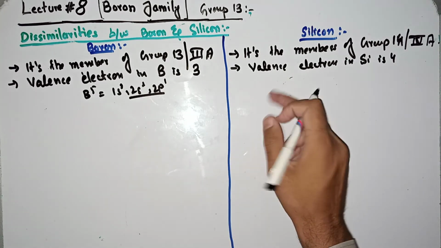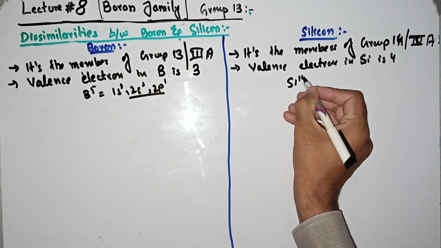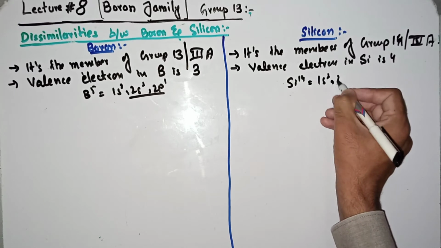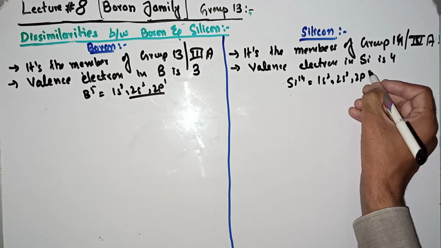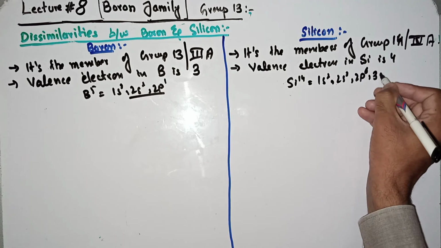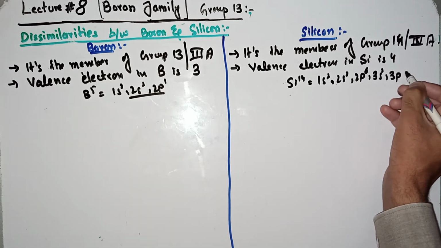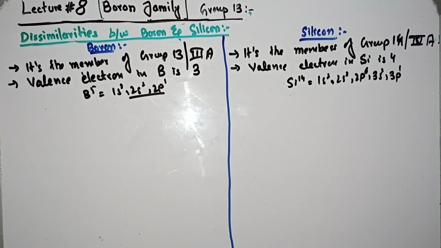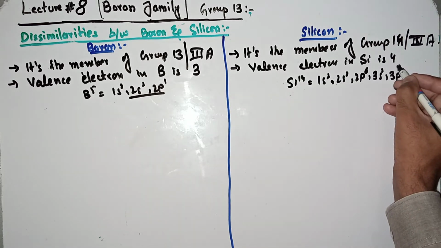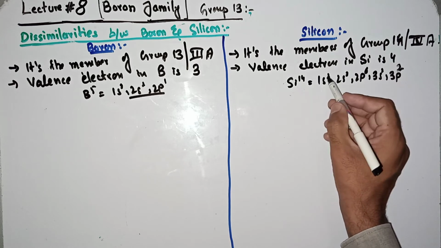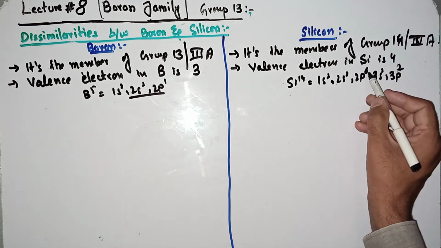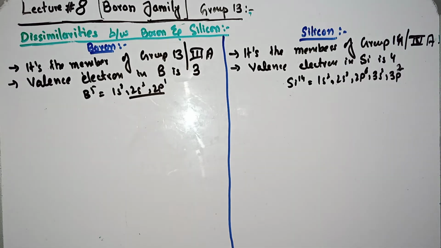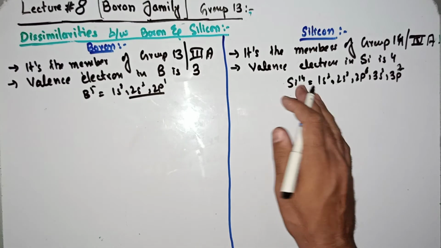The atomic number of silicon is 14, so the electronic configuration is 1s2, 2s2, 2p6, 3s2, 3p2. Sorry, 3p2, because 2 plus 2 is 4, plus 6 is 10, plus 2 is 12, plus 2 is 14.